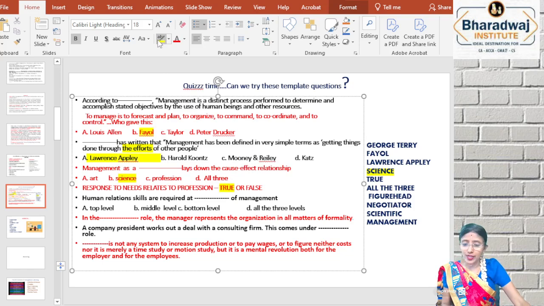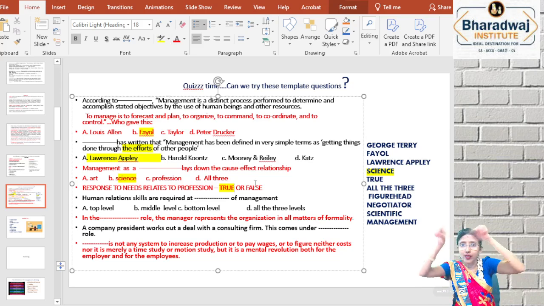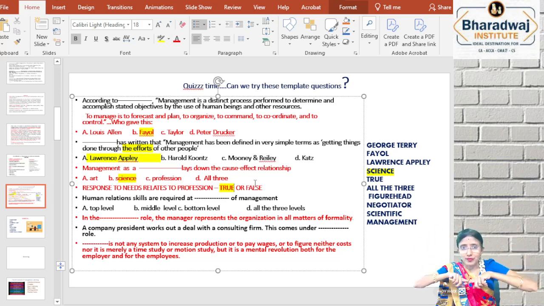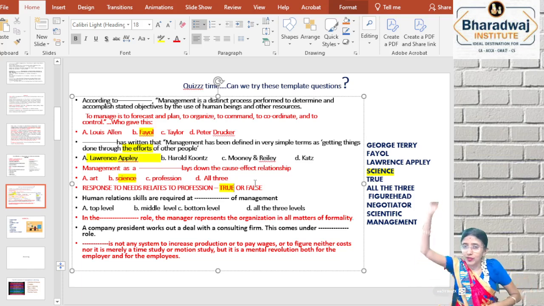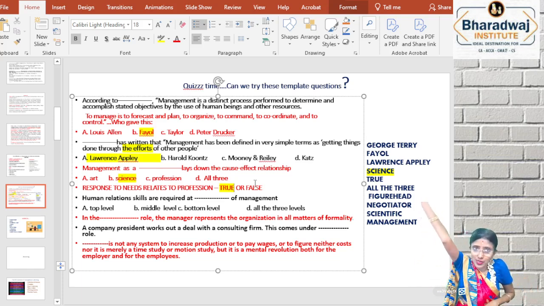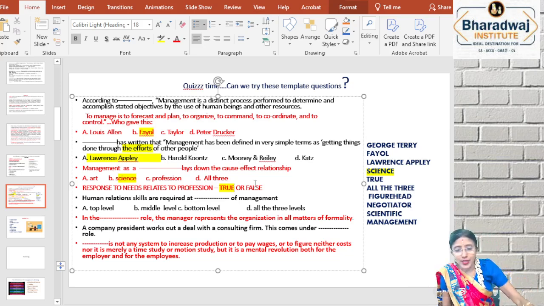Human skills, relation skills are required at which level of management? All the 3 levels. The answer is there. Very good. Please remember the box diagram, where you will have conceptual skills, human skills and technical skills, right? So it is required at all the 3 levels.